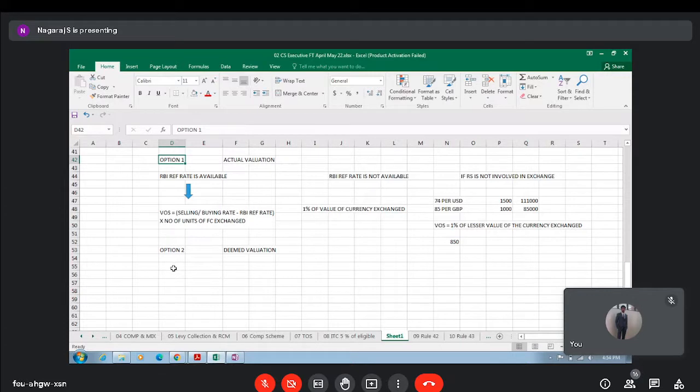Okay. In the second option, you see there are slab rates. What is that? 1% of the value up to rupees 1 lakh.